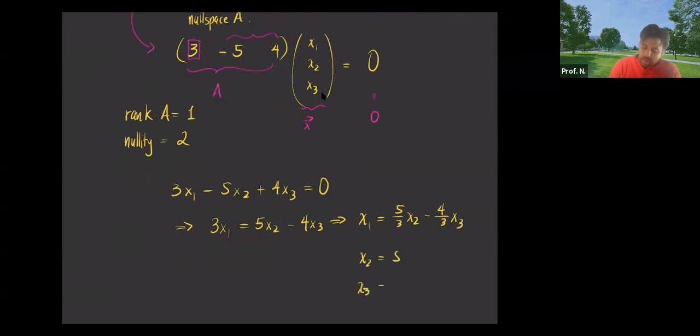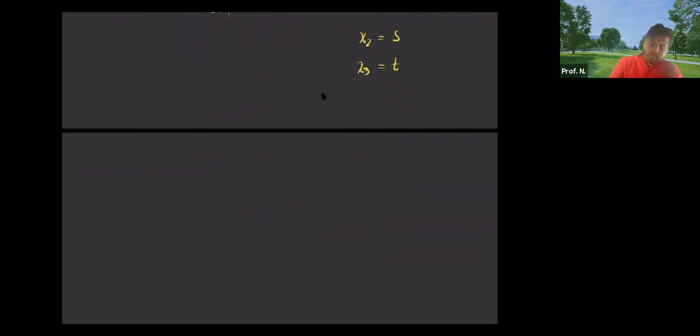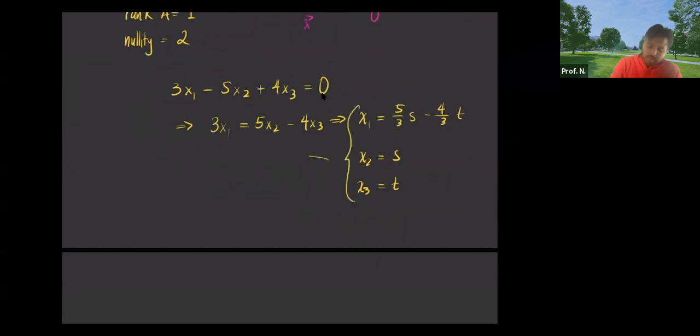What is x3? Call it t. And what are we looking for? What do these numbers make up? They make up the x values representing the null space of A. So this is 5/3 s minus 4/3 t, this is s, this is t.